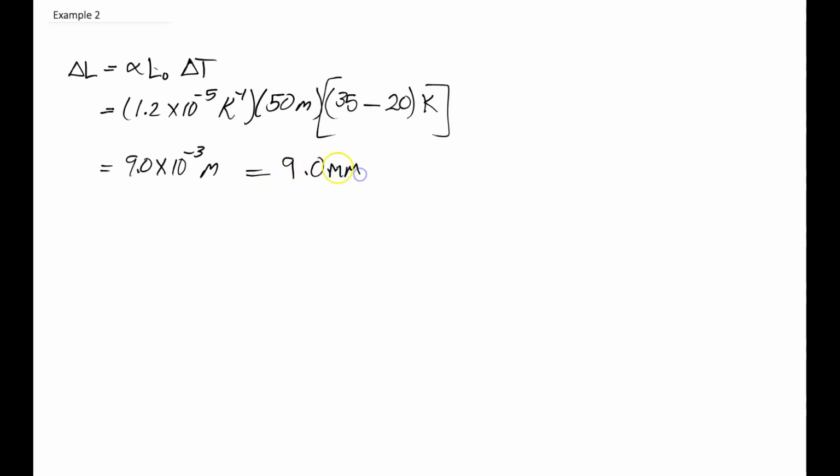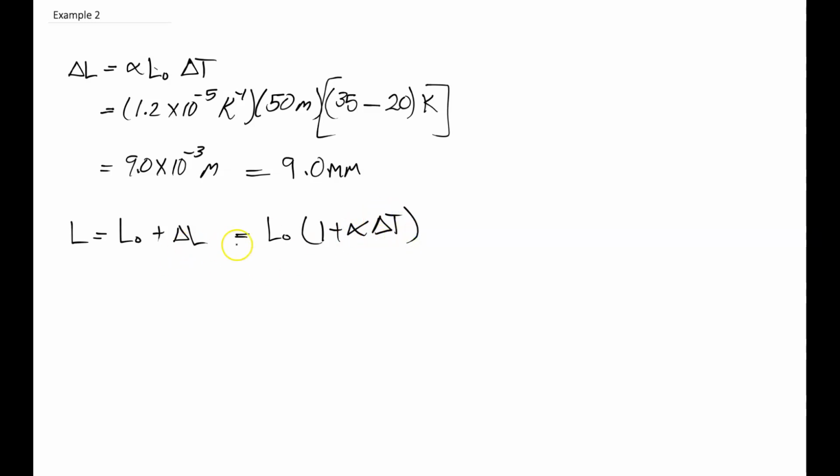millimeters. So the new length would be the old length plus the change in length, which also sometimes is written as L0 (1 plus alpha delta T).